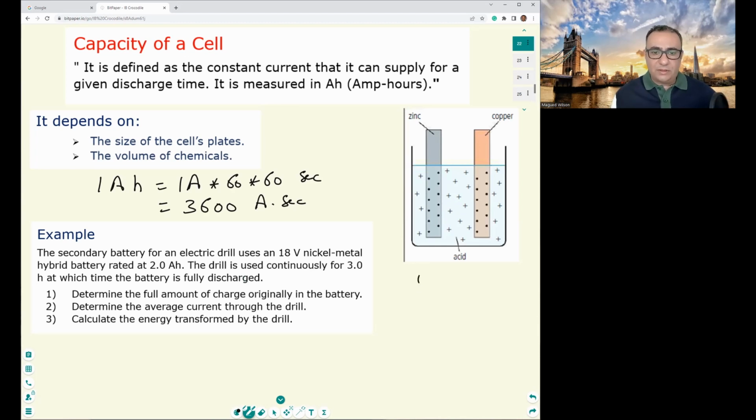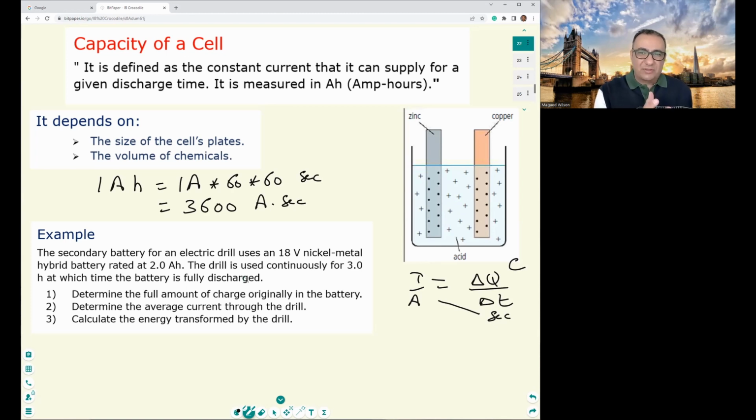And knowing that current is delta Q over delta T, if you multiply ampere by second, what do you get? You get Coulomb, right? So actually amp hours or amp second is another way to say it's a quantity of charge. Make sense? So let's try to solve this question together.